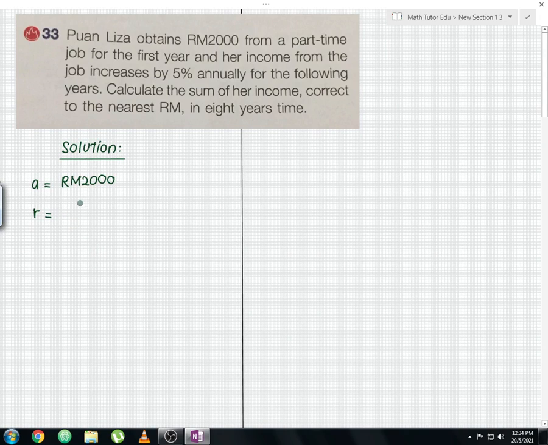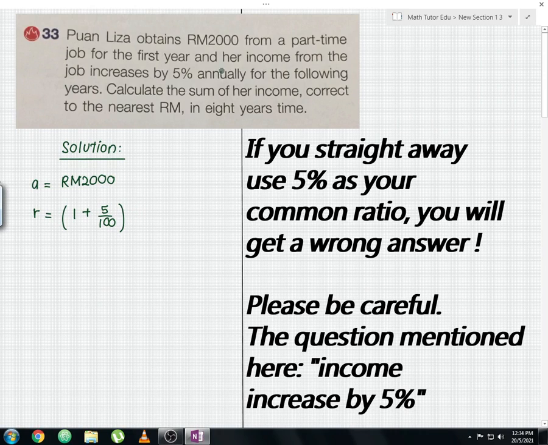From here, this percentage we can write in terms of fraction, where it will be 1 plus 5 over 100. You might be wondering why 5 over 100. 5 over 100 is also known as 5%, guys, and they mentioned here your income is increasing by 5% annually.